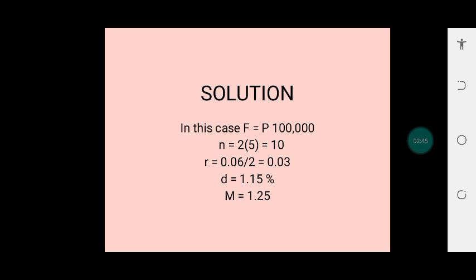R, the rate, is 0.06, or 6%, over 2 for semi-annual, which is equal to 0.03. D is equal to 1.15, or 115%, and M, the market price, is 125%, which as a decimal is 1.25.